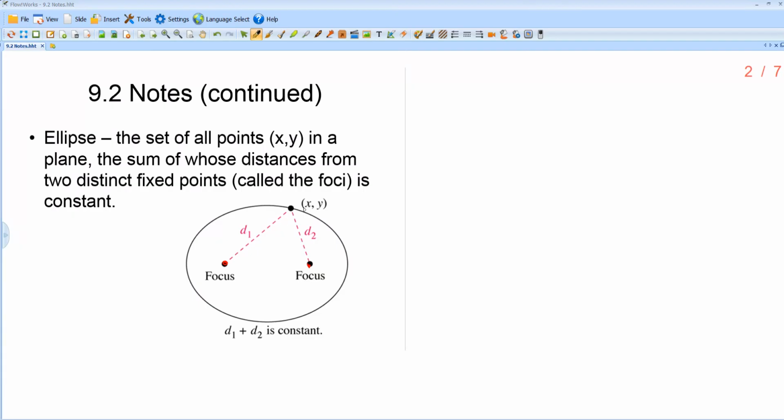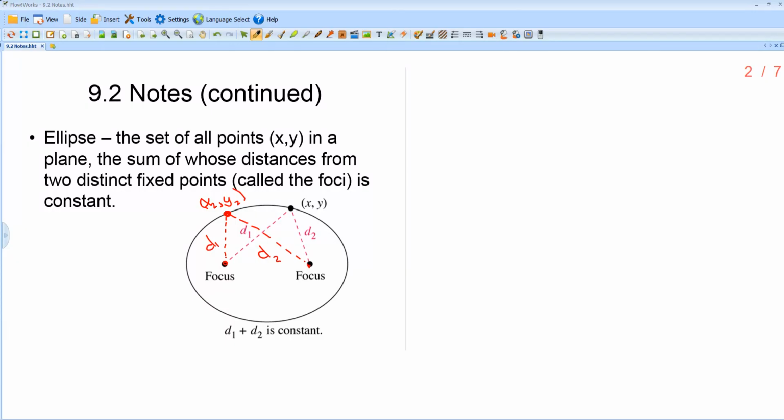What happens with these points that make the ellipse is no matter what point I pick, we'll just call this x2 comma y2, if I make this distance 1 and this distance 2, no matter what point I pick, the sum of these distances is always going to be a constant.